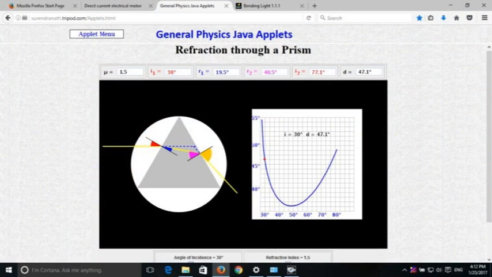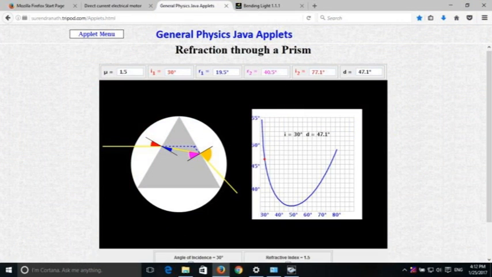We place two more nails here on the emergent ray, and when you watch from here, those four nails appear to be in a line. Strictly speaking, they are not in a line, but they appear to be, because the light bends twice, when it enters from air into glass and from glass into air, eventually giving you a feeling that the light is in a straight line.